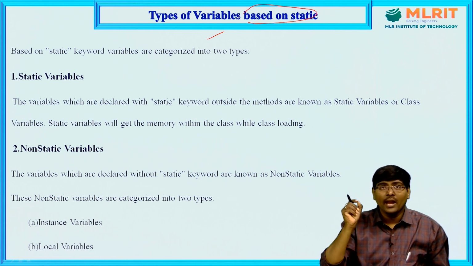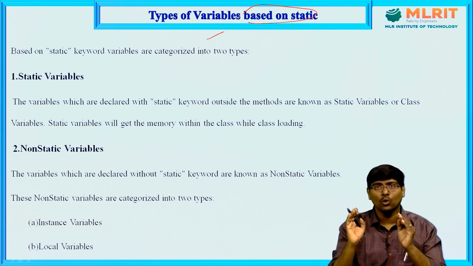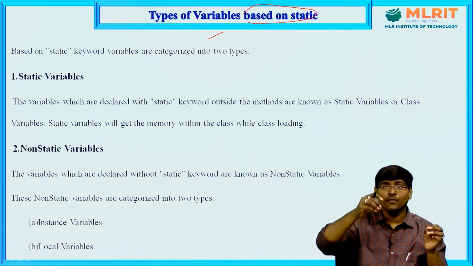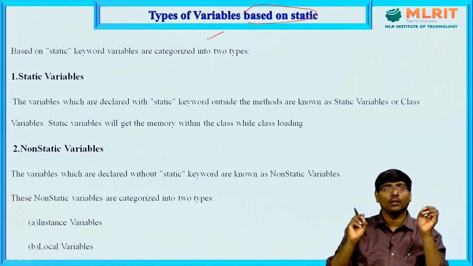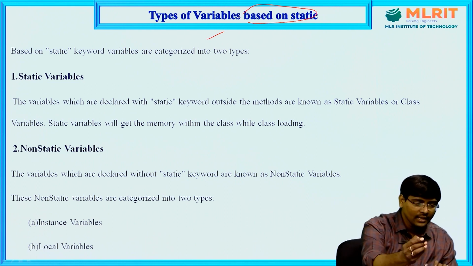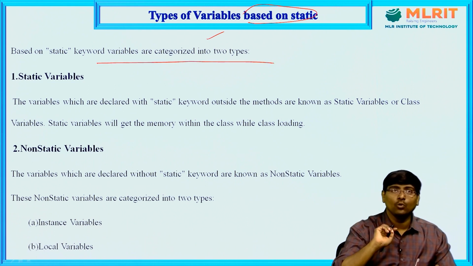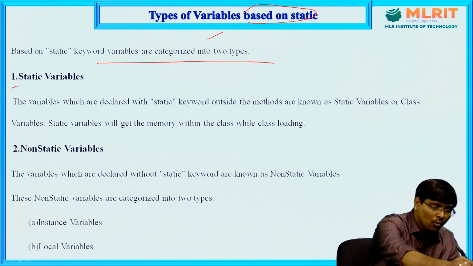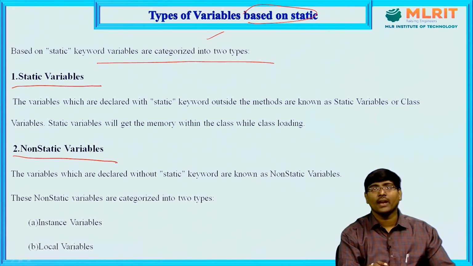Why? Static decides the structure of programming, decides the location. The order of execution also depends on the static keyword. So, based on the static, the variables are divided into two types. Obviously, one is static variable, the second one is non-static variable.